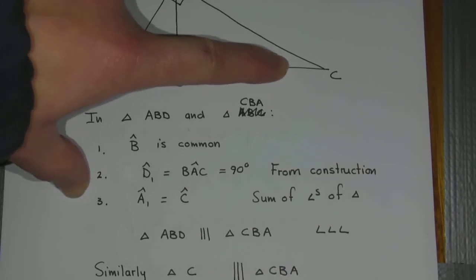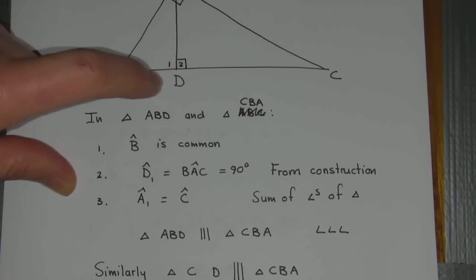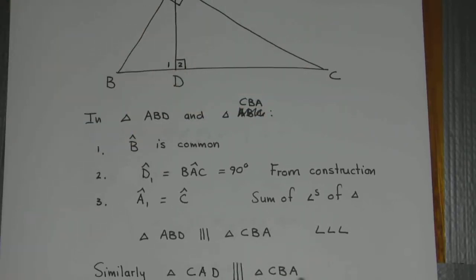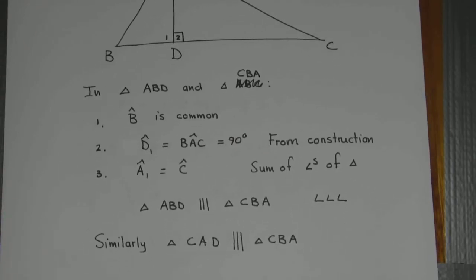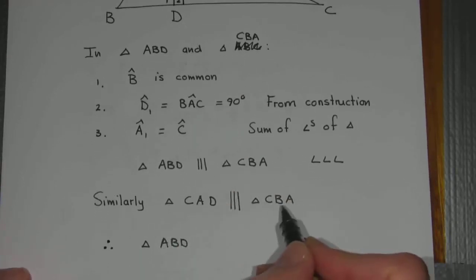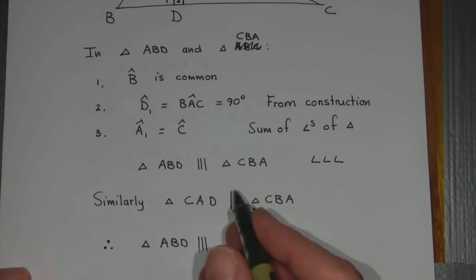Then the 90-degree angle there is at angle A, so I have to put D there, which means the missing one is then C to A to D. So similarly, those two triangles are also similar. So because ABD is similar to CBA, and because CAD is similar to CBA, I can make the statement that all three triangles are similar to each other.